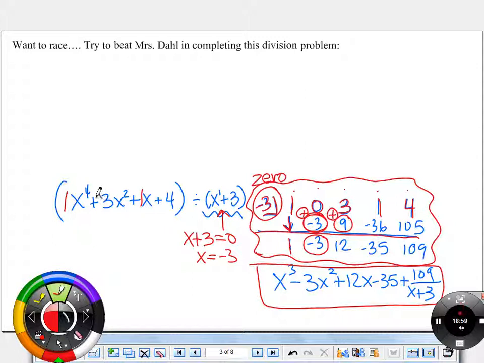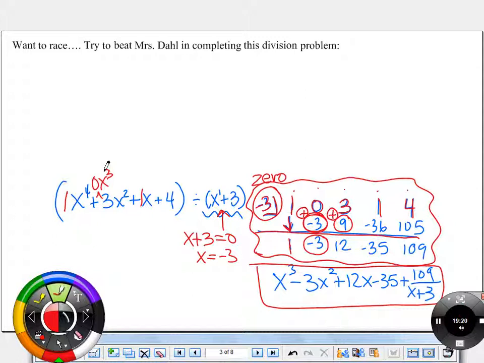So what I thought about was putting, just like with the long division, a 0x to the third right there, because I have to have them all go in order, so that's why there's a 0 here. So then why doesn't it start with the answer, that's what we're trying to figure out. Why doesn't the answer start with the 4th degree?